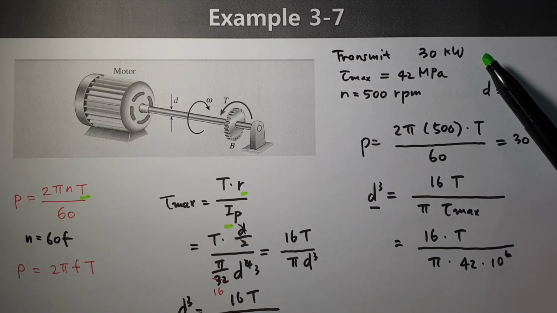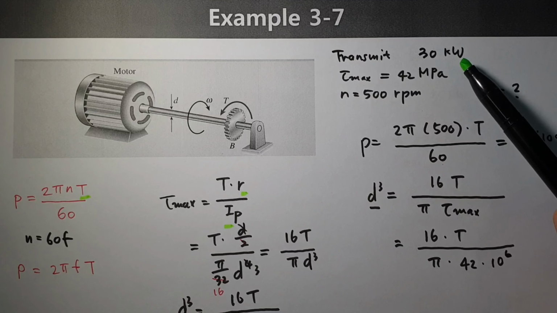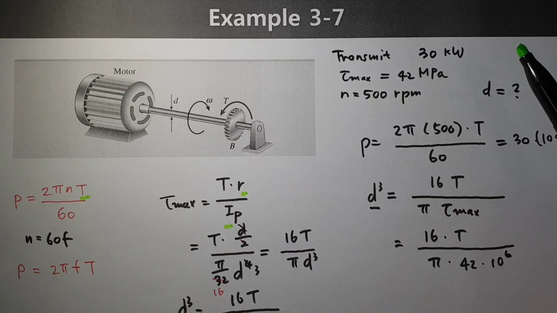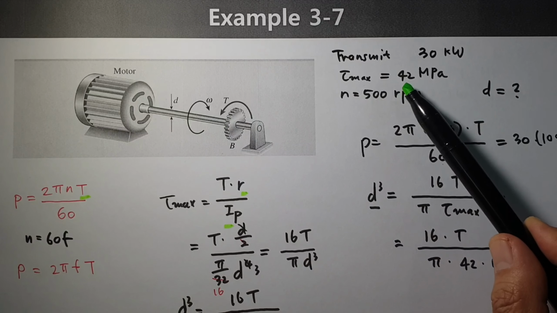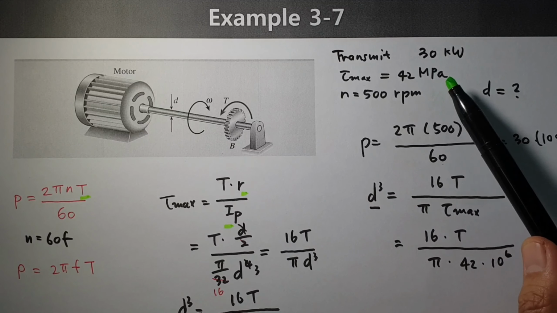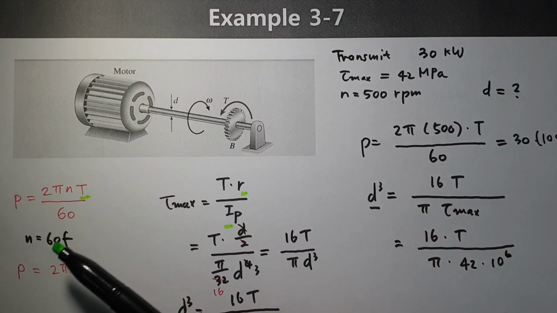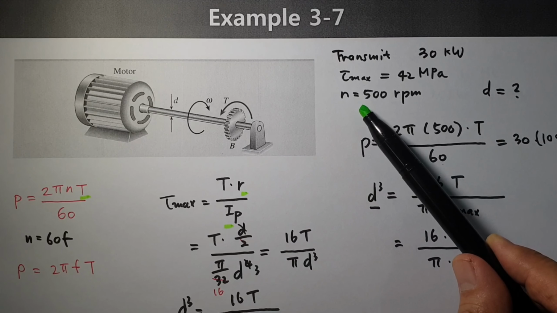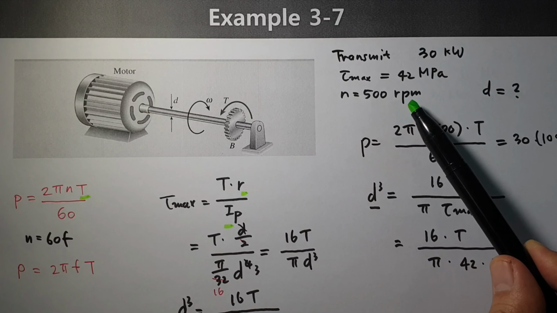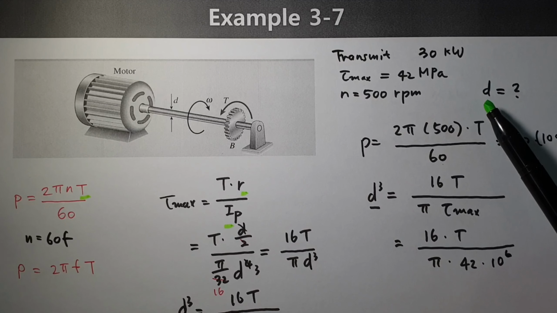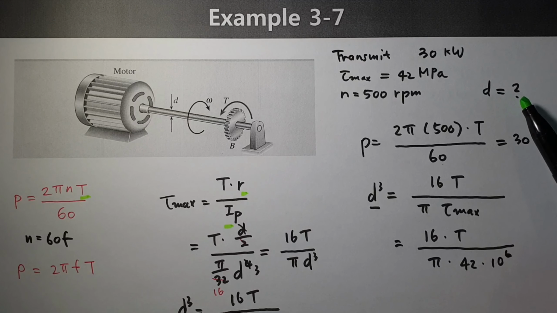And some data is given. Transmitting power is 30 kilowatt and maximum available shear stress is 42 megapascal. And rotating RPM equals 500 RPM. And we would like to calculate diameter D.